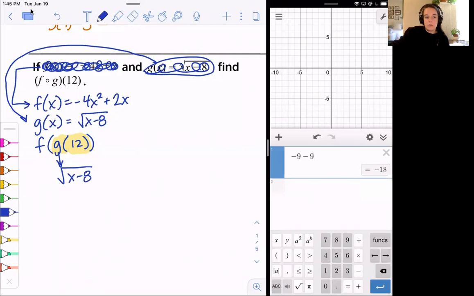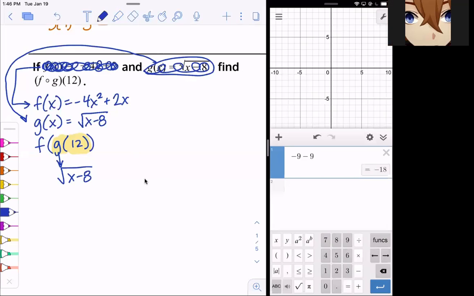Where am I going to put the 12? Ezra, can you help me out? In the x.